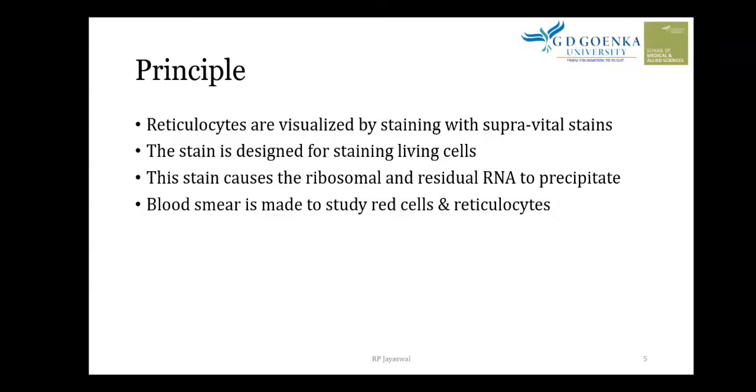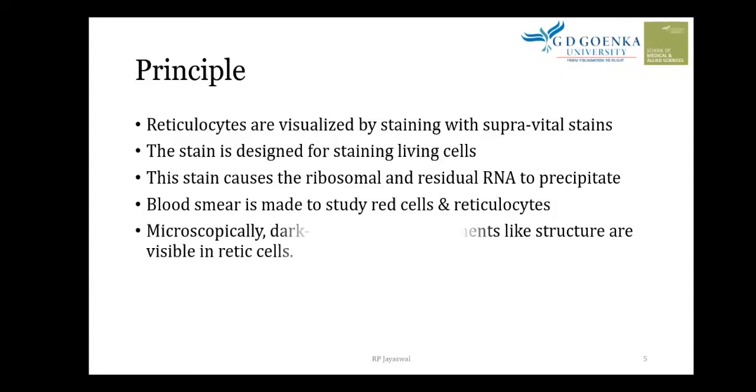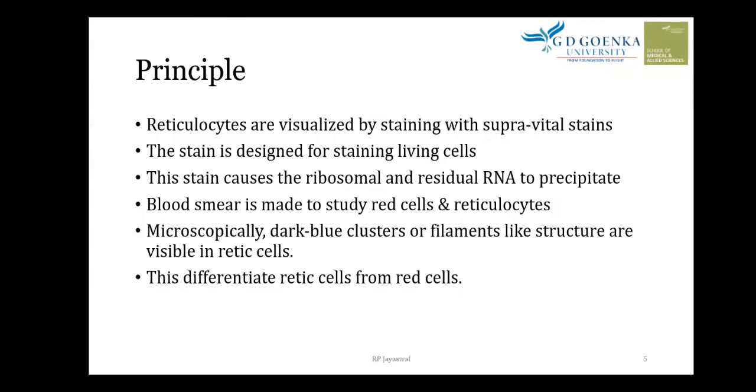So we can prepare a smear, and further we can observe the red cells and reticulocytes under the microscope, and microscopically we can observe the dark blue clusters or filament-like structures, which indicate retic cells or reticulocytes, and this is the basis to differentiate retic cells and red cells.